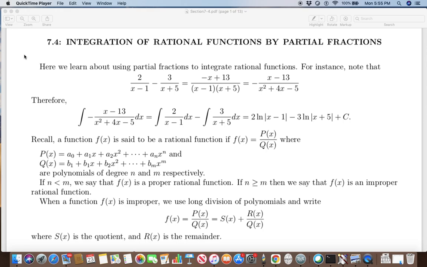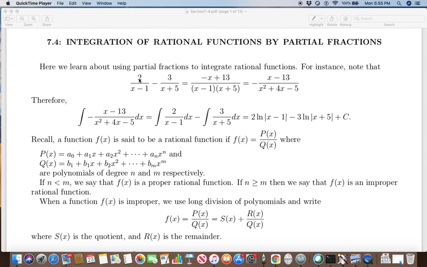Welcome back. Section 7-4 is about integration of rational functions by partial fractions. Here we learn about using partial fractions to integrate rational functions.